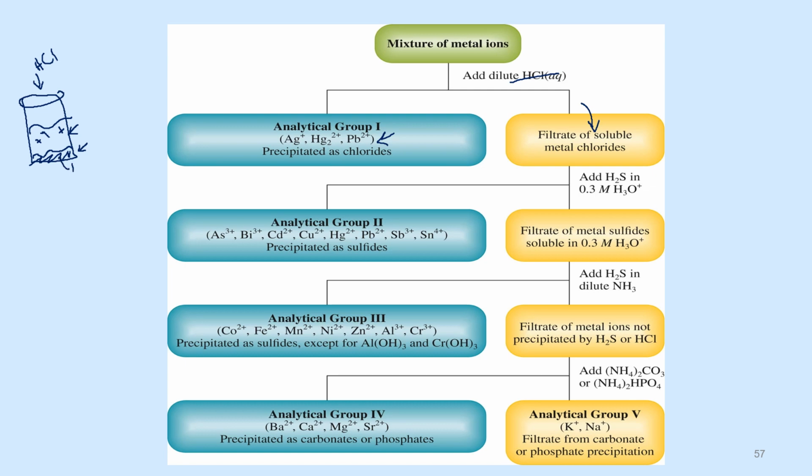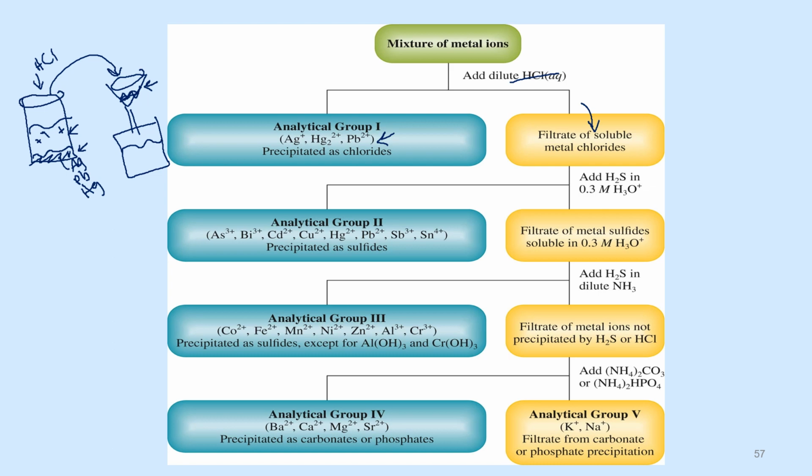Then we can filter it. If we pour that through here, all the solid remains up here, and the liquid could have any other ions except for those. And then we can further test it.